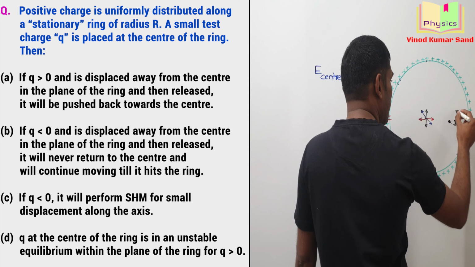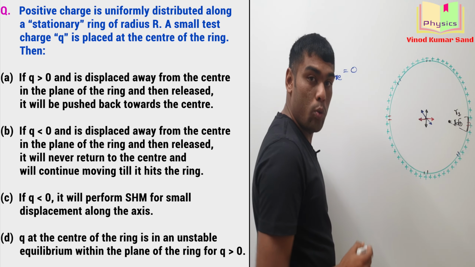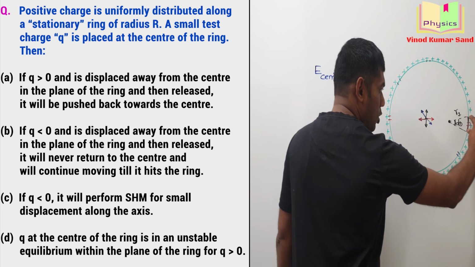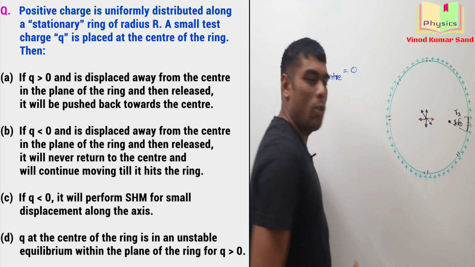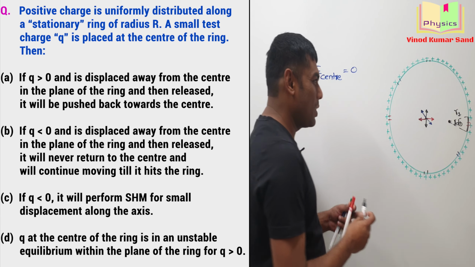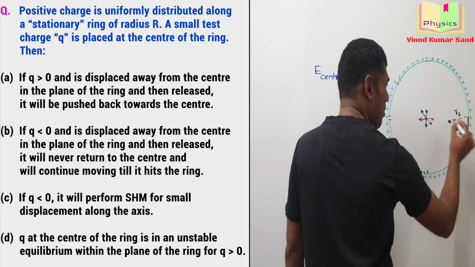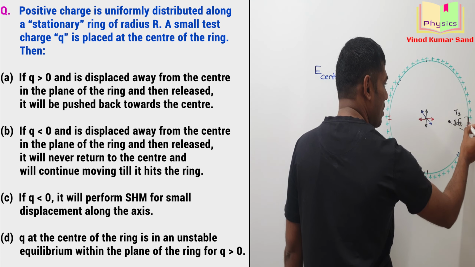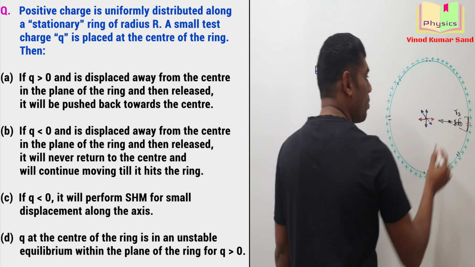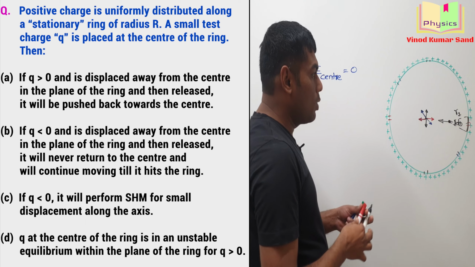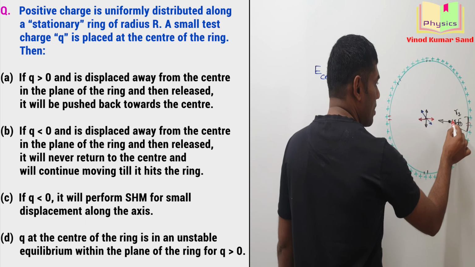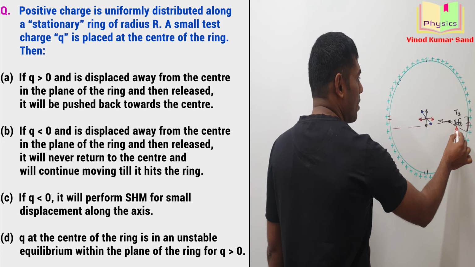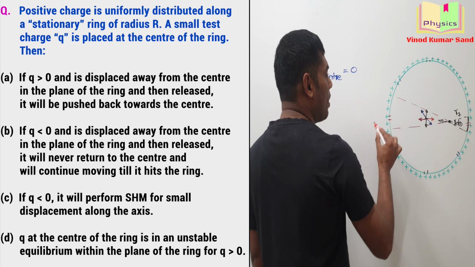This radius, let's say I'll call as r1. Due to this patch, due to this small charge, where should be the electric field? You know the result. Due to this charge, the electric field will be somewhere like this here. Do you agree?